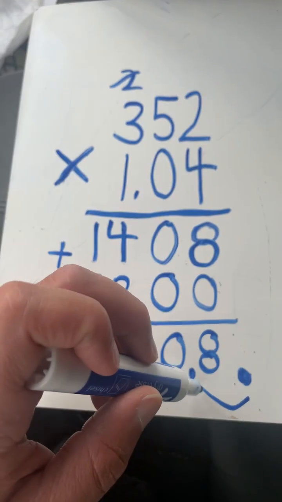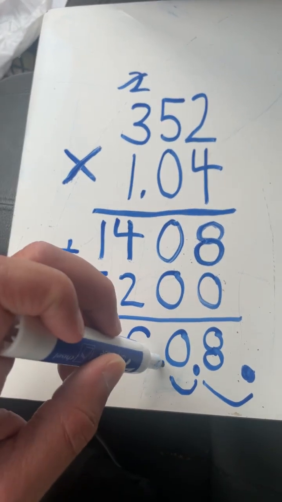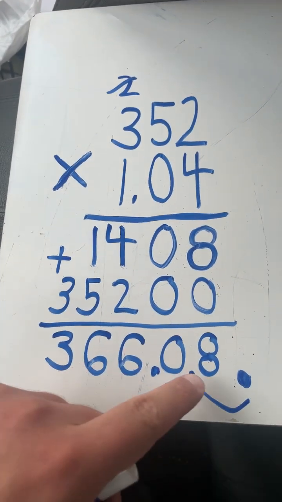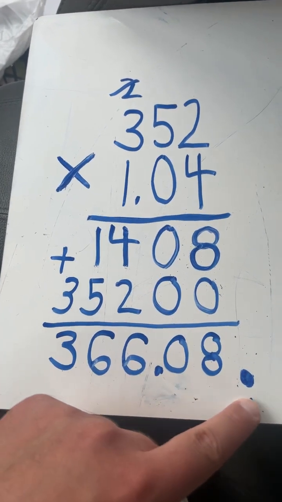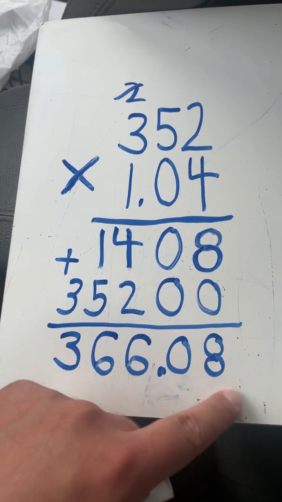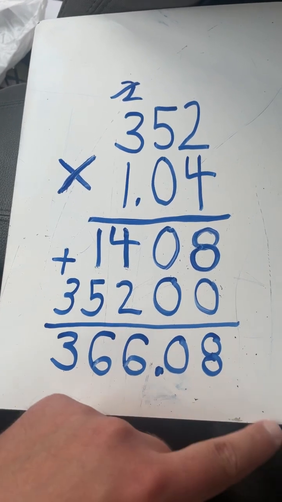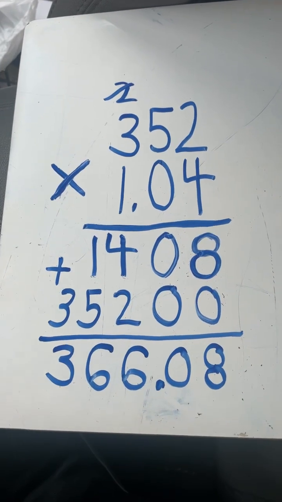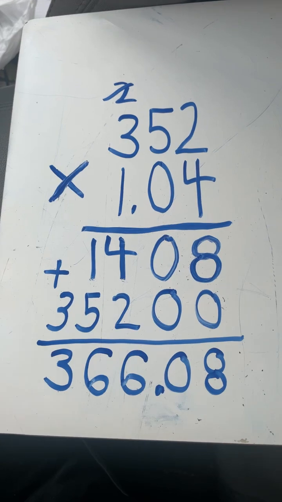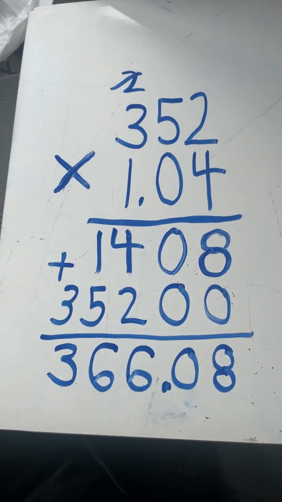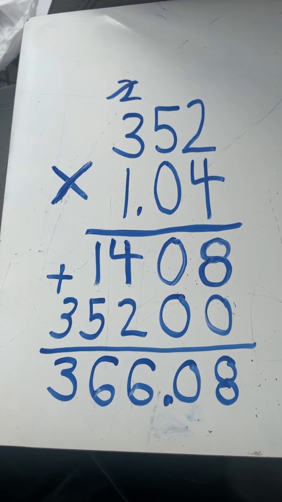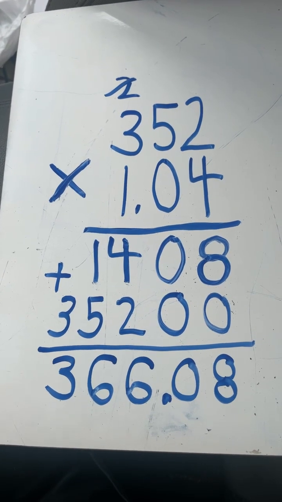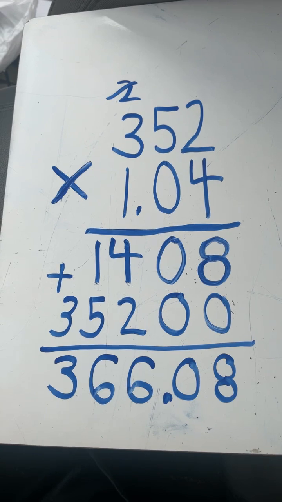If I move it over 2 places, it becomes 366.08, or another way to say it is 366 and 8/100ths. So that'll be the goal for today, to be able to deadlift 366 and 8/100ths pounds.